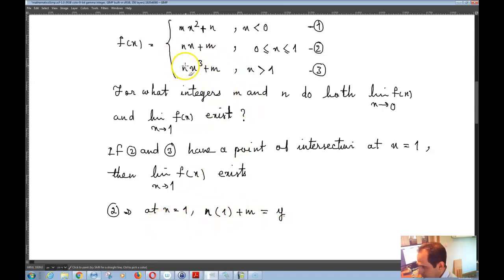And then 3 gives us n times 1 cubed plus m, which is equal to the same y.